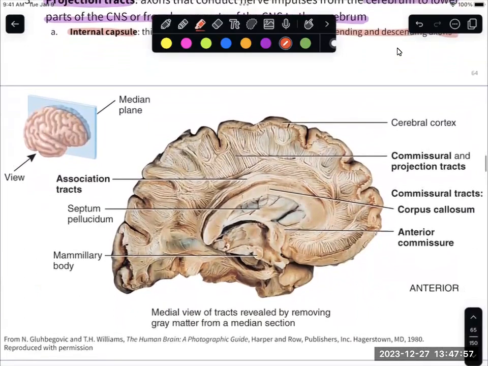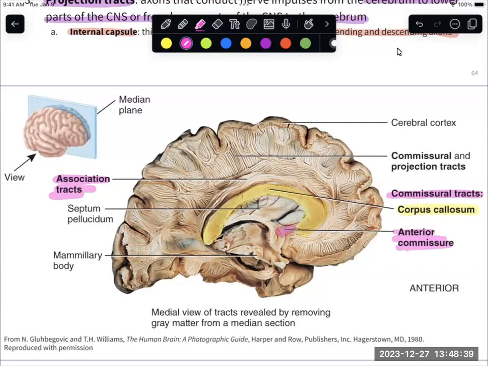So here we can see all of this happening. Here is this corpus callosum, this whole area here that I kind of just colored in yellow. Then we have our association tracts, these commissural tracts going from one side to the other, and then you have this anterior commissure as well that is sending off information from one side of the brain to the other.